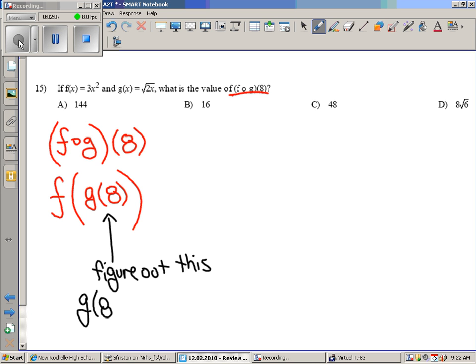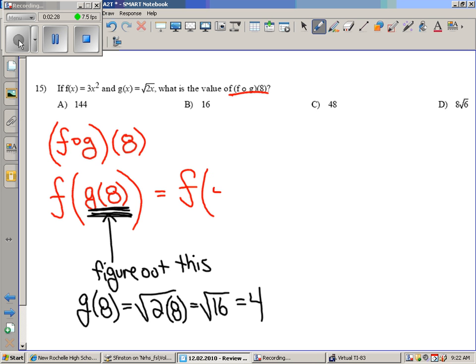How much is g at 8 worth? Well, g at 8 is going to be equal to the square root of 2 times 8. How much is 2 times 8? 16. Square root of 16 is 4. So now this equation is equivalent to me saying f at 4.